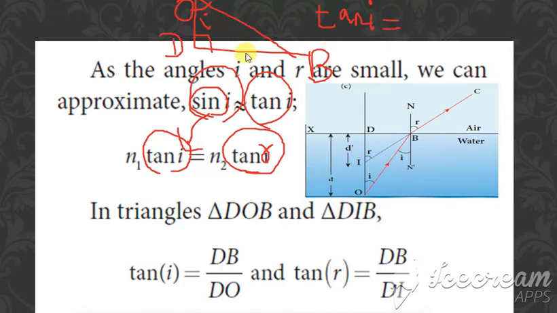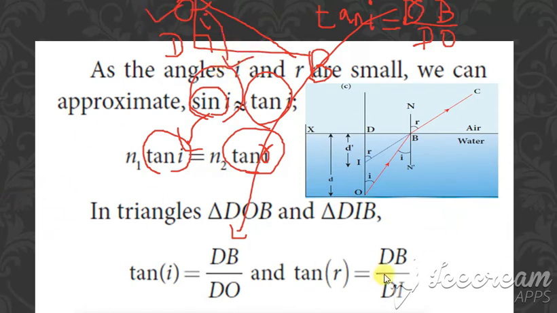It is opposite divided by adjacent. The opposite side is DB divided by the adjacent side DO. So this formula has been written here. This is opposite, and this is adjacent.